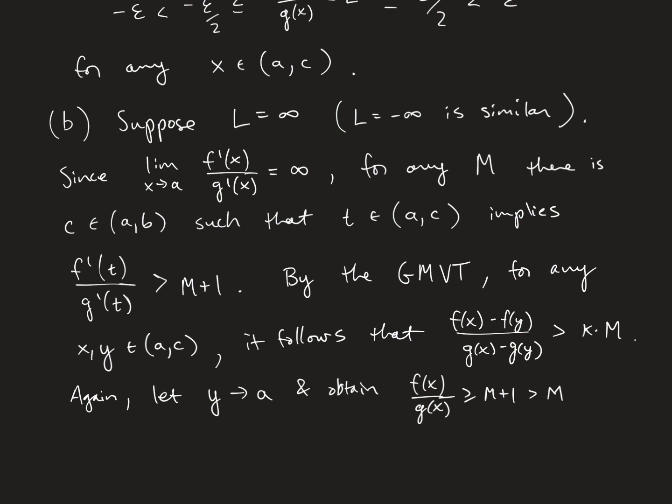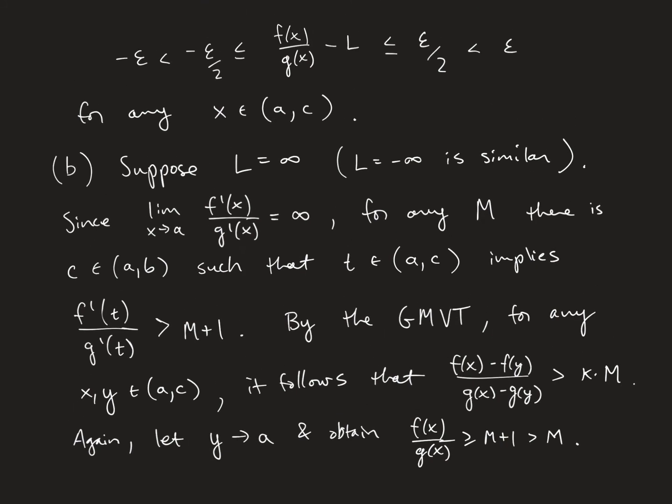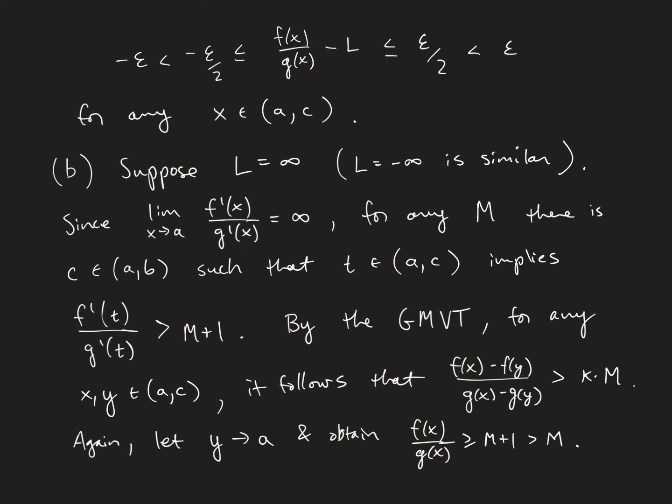So in this case, we find that we can make this f of x over g of x arbitrarily large. For any given m, we can make it bigger than that m. And remember something else. There's a reason I'm not using delta and I'm using c here. And that's because this a could be negative infinity.